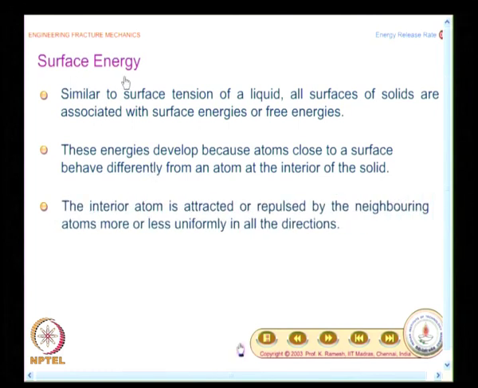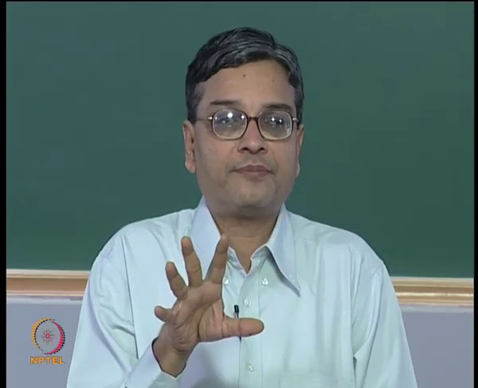Why do the surface energies come about? The surface energies develop because atoms close to a surface behave differently from an atom at the interior of the solid. In the interior of the solid, the atom is surrounded by atoms on all the sides, so it remains in equilibrium.